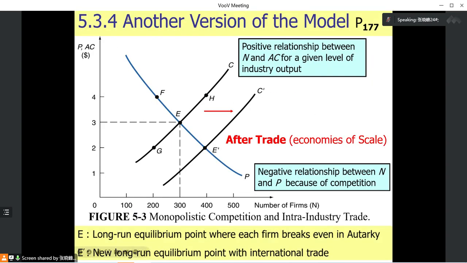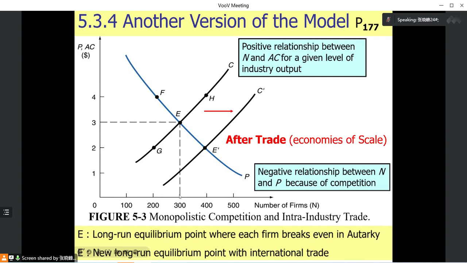We can see this graph, another version of the model. This is the positive relationship between N and AC for a given level of industry output.